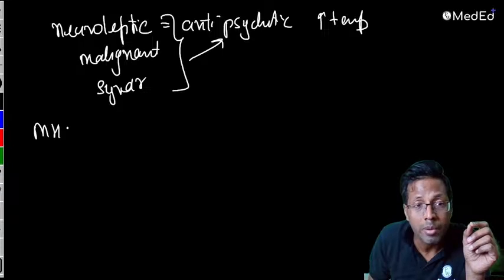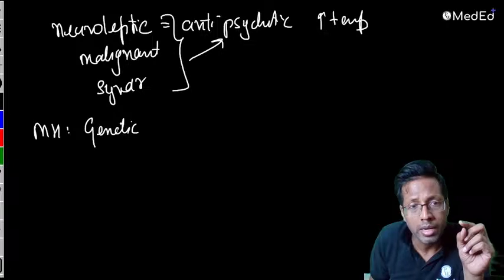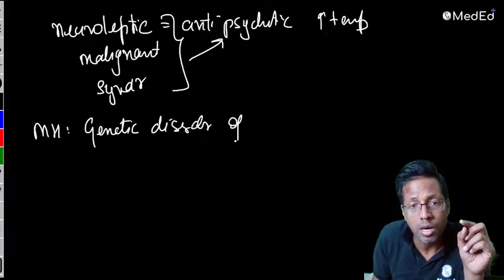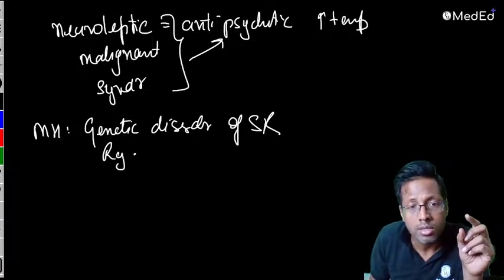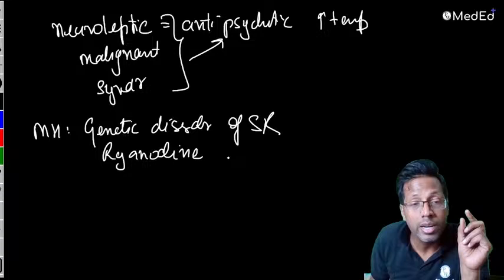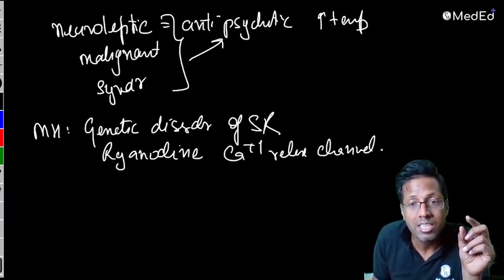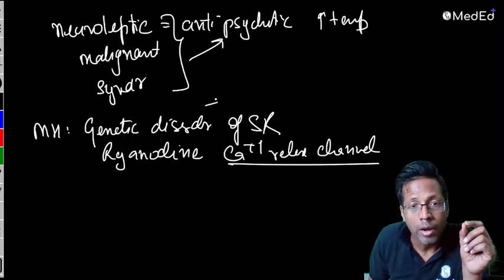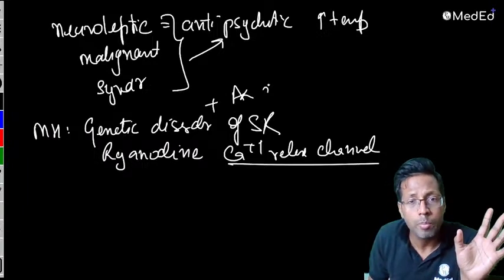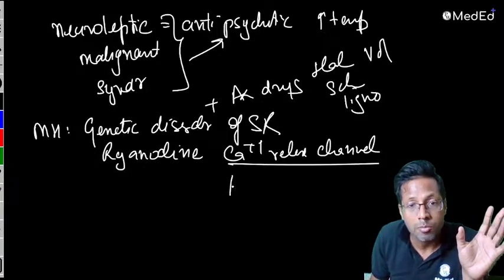On the other hand, malignant hyperthermia takes place in anesthesia. This is a genetic disorder of the sarcoplasmic reticulum, with a ryanodine receptor gene abnormality. The ryanodine receptor is a calcium release channel. When a patient who is walking and talking normally is exposed to anesthesia drugs, like halothane, volatile anesthetic agents, succinylcholine or lignocaine, there is a sudden massive calcium release.